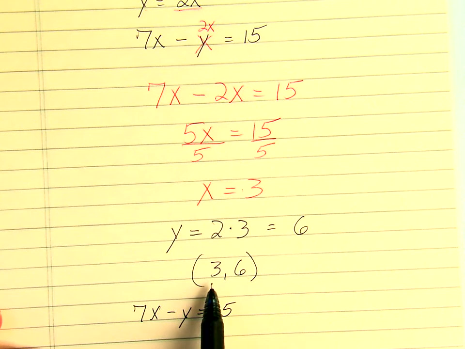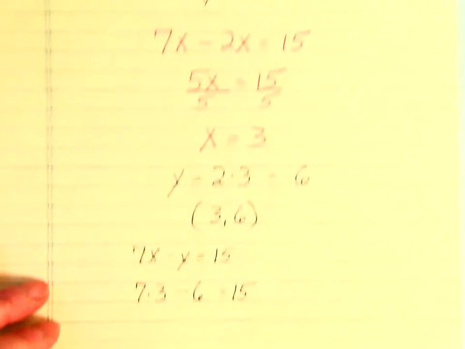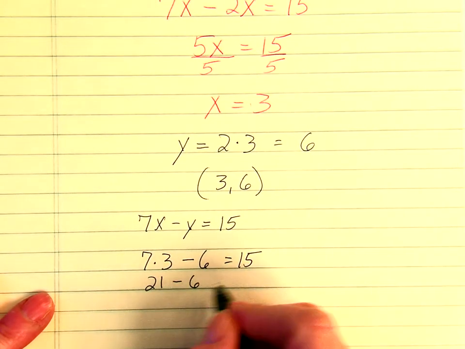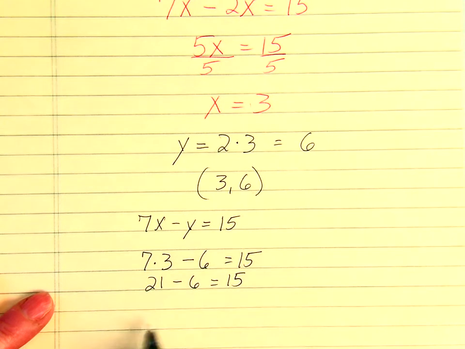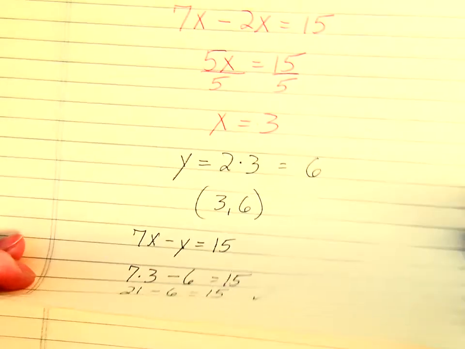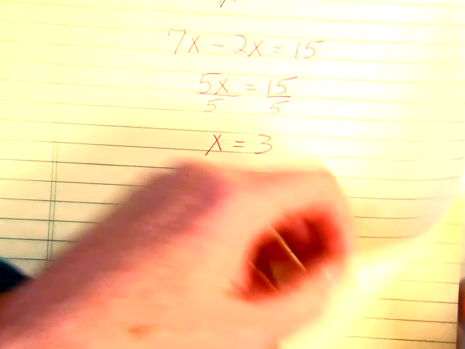I'm going to use my 3 for my x: 7 times 3 minus my y, which is 6, equals 15. This is 21 minus 6 equals 15, and I think that we all agree that 21 minus 6 does indeed equal 15.